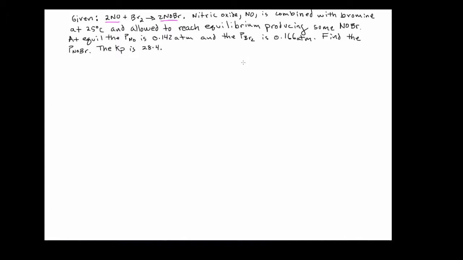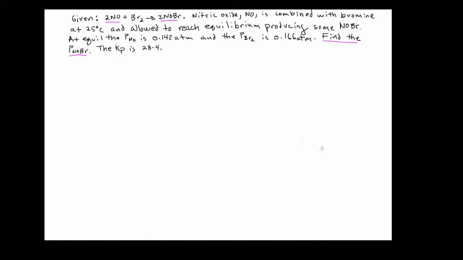At equilibrium, the partial pressure of NO is 0.142 atmospheres and the partial pressure of bromine is 0.166 atmospheres. Find the partial pressure of NOBr at equilibrium. The Kp for this reaction is 28.4.